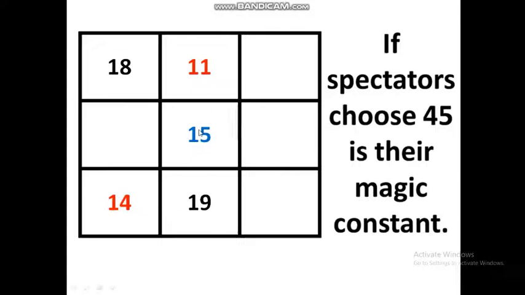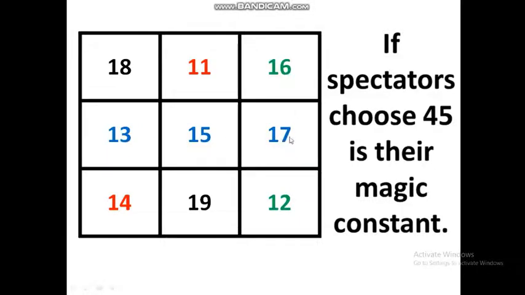The people will keep on asking the Avadhani to fill the respective boxes they name, and accordingly the Avadhani fills them this way. Similarly, the Avadhani can complete the box in this way. So we can check the magic constant: 18 plus 11 plus 16 gives 45.